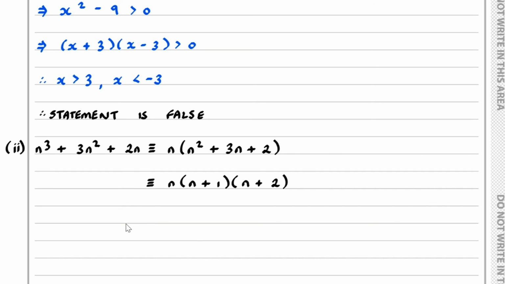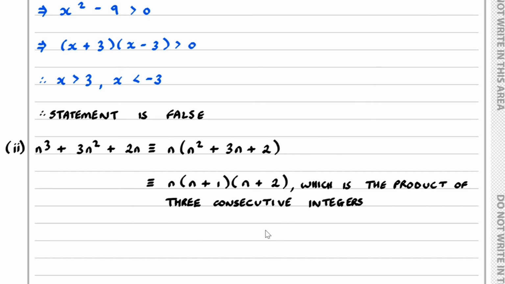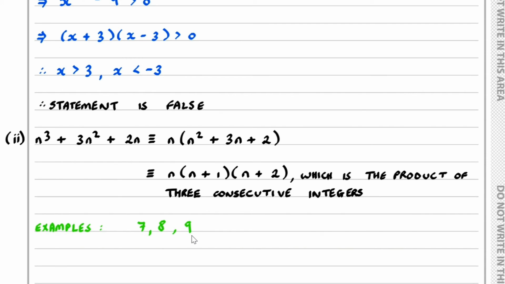And what do we notice about these? Well, here what we have is the product of 3 consecutive integers. N multiplied by n plus 1 multiplied by n plus 2 is the product of 3 consecutive integers. Now, what we'll do is we'll come up with some examples of these. Well, examples of 3 consecutive integers, I could have 7, 8, 9.